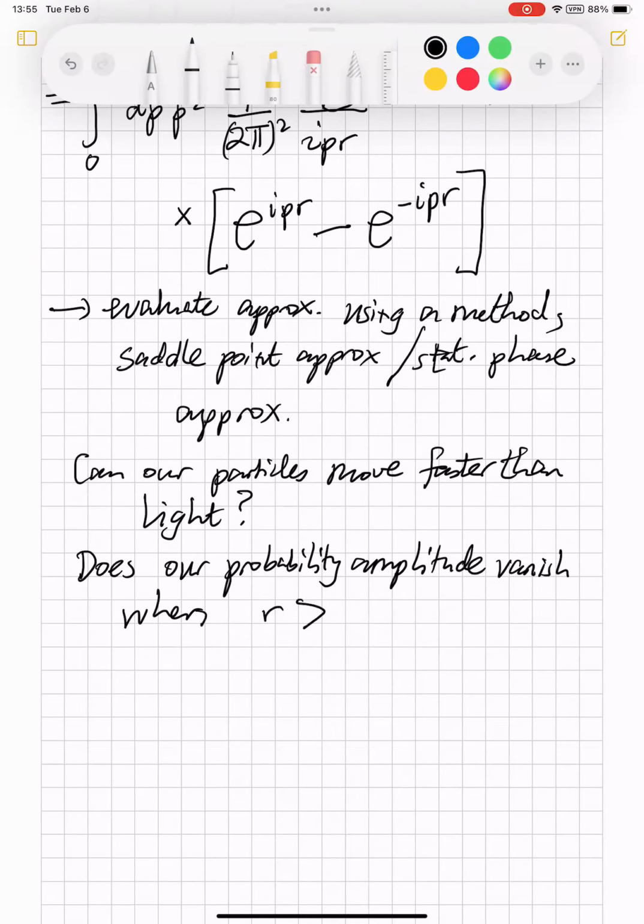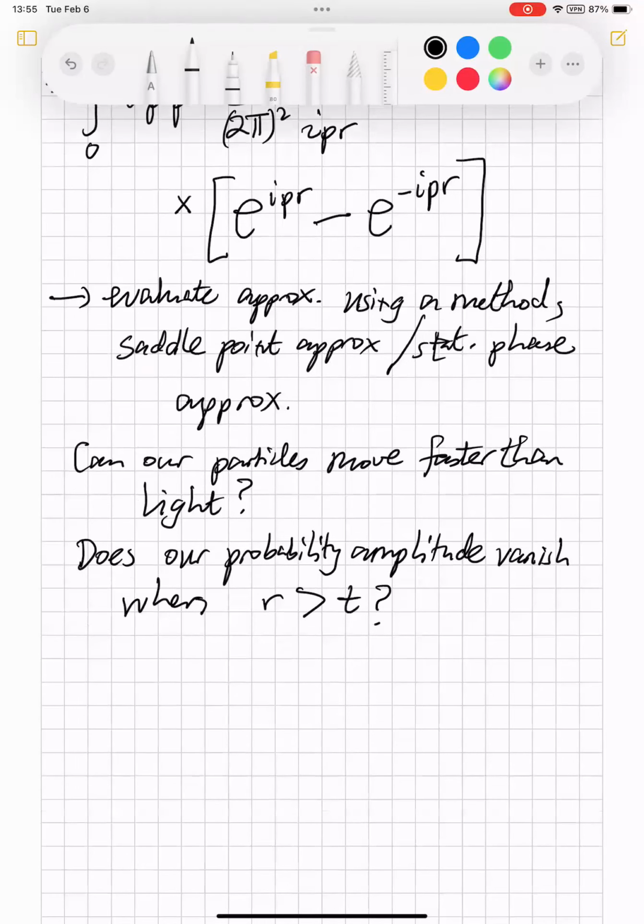The biggest distance that light can travel in a time t would be a distance t, because c is equal to 1. So the question is, can we travel a distance r which is larger than t? And that would correspond to our particles traveling faster than the speed of light. And what we find when we evaluate this amplitude is that this amplitude does not vanish.